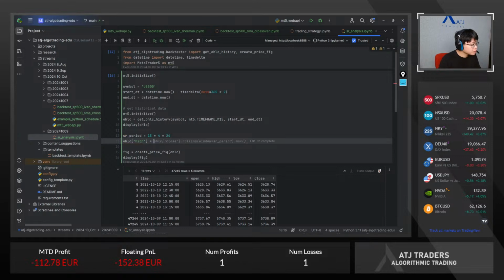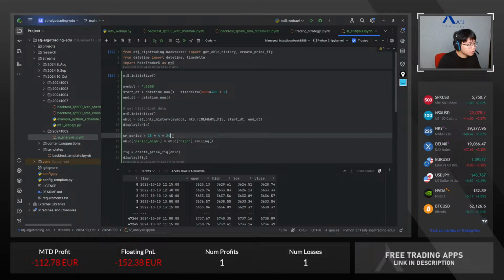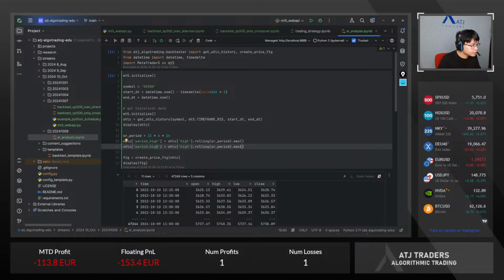So period high is equal to OHLC high, and we take the rolling method, which basically tells us to analyze all the candles in the past 24 hours. Then we add the period here, and then we need to compute the maximum value. And then here we take the period low, and here we compute the minimum value.